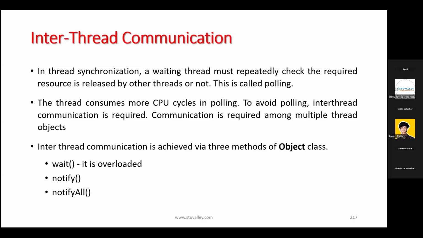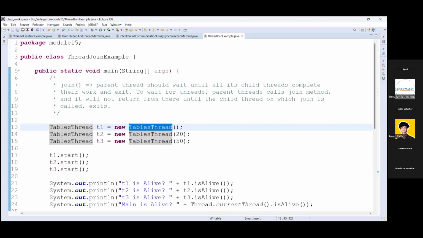Inter-thread communication is basically when two or three different threads, any number of threads, are waiting for another resource to be released so that it can be used. Suppose thread T1 is using this constructor, thread 2 is also using it, thread 3 is also using it.